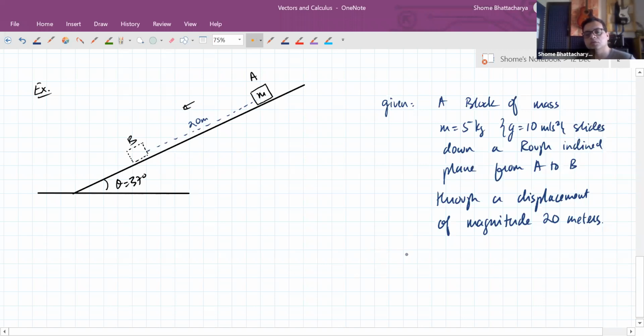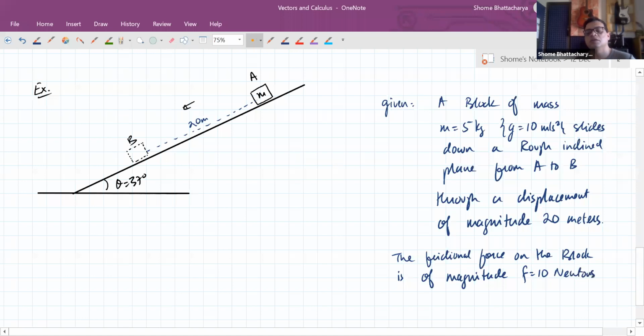Also, the frictional force on the block is of magnitude, let's say 10 newtons.